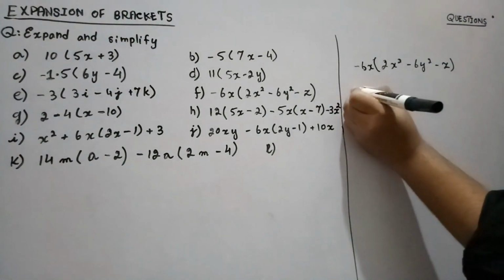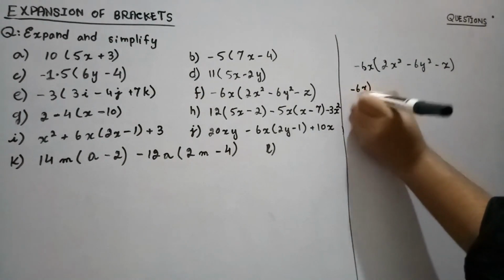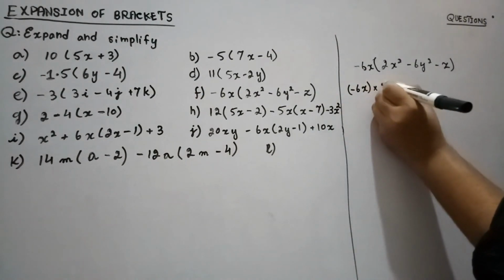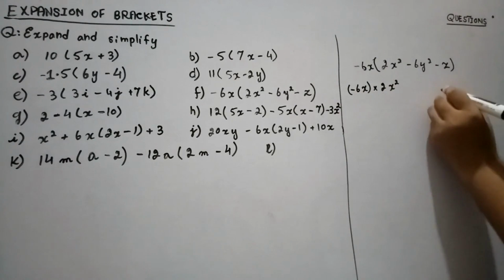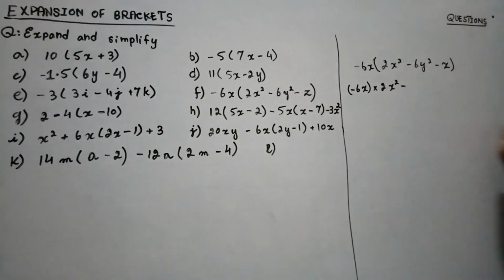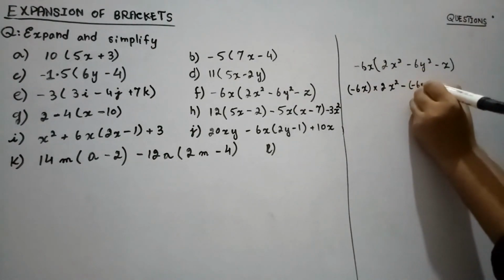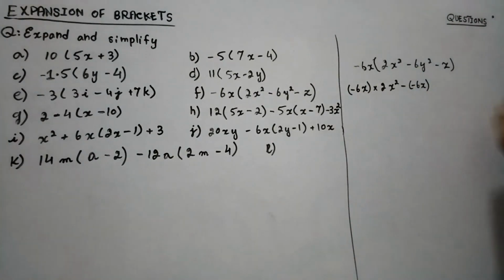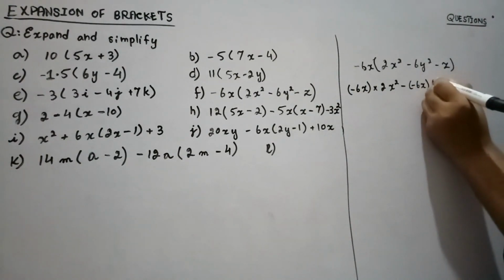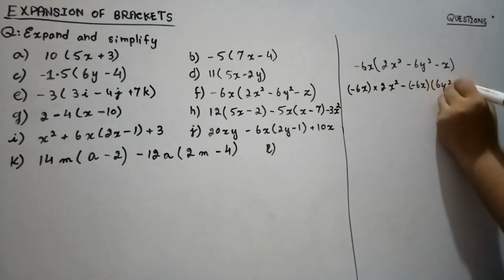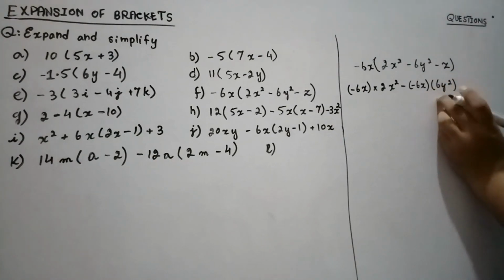Here we have a negative 6x, and it is going to multiply with 2x square, with this negative sign as it is. And this negative 6x again is going to multiply with 6y square. If there is nothing, I will consider here a multiplication sign. Clear?